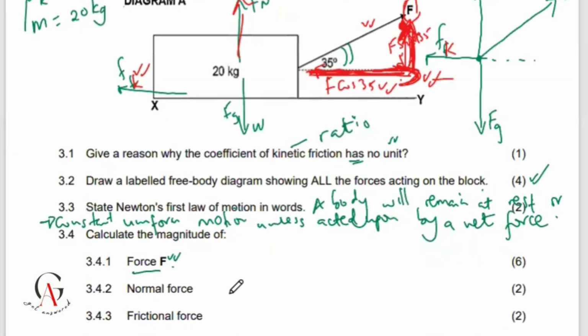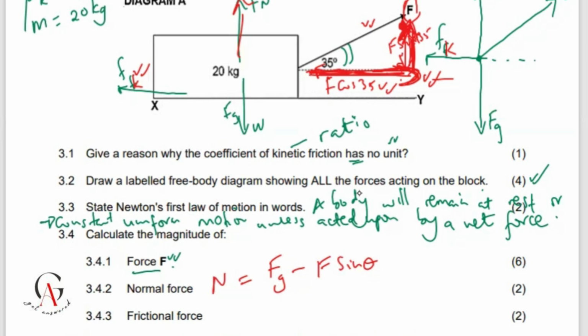Then they want us to get the normal force. So for us to get the normal force, we know the criteria, which means we shall do the same thing and do the subtraction of that. Alternatively, we can say that normal force will be our Fg minus the F sine of theta.